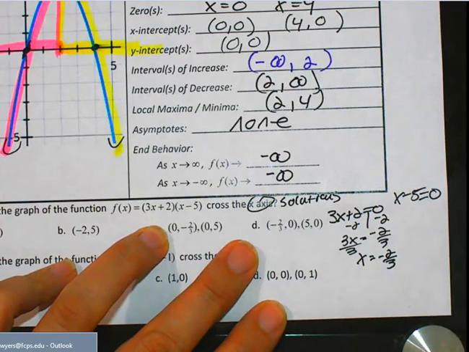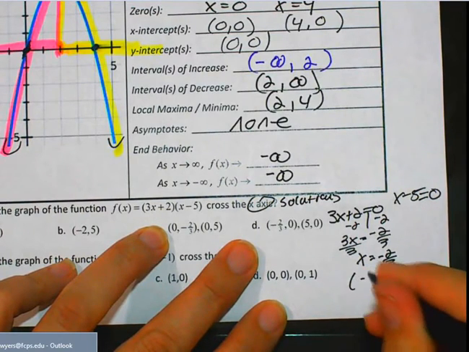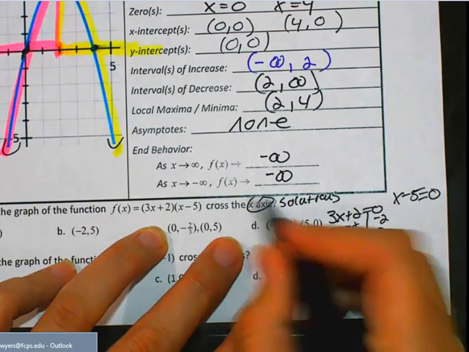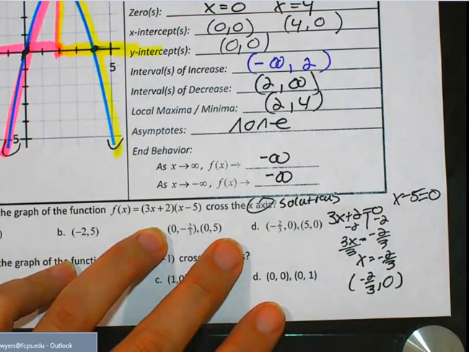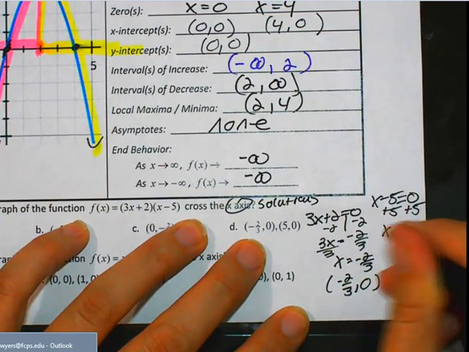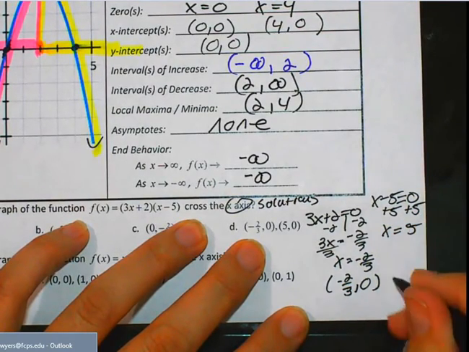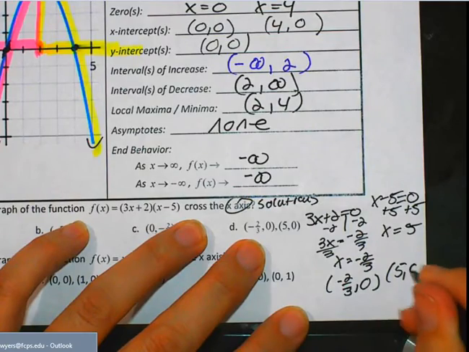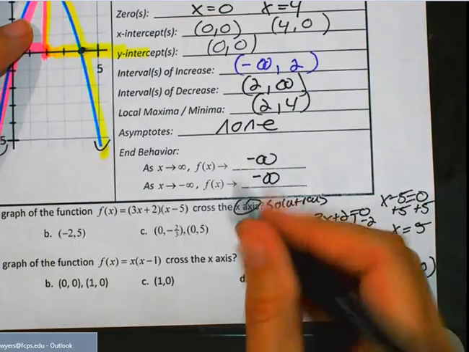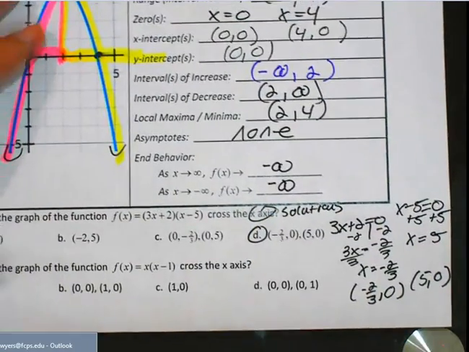Remember, that's the x value, so that's negative 2 over 3, 0, because they want to know where it crosses the x-axis, which would be a coordinate, and then plus 5, x equals 5, so then the coordinate would be 5, 0. So those are our two coordinates, so we're going to look for that, and that will be answer D.